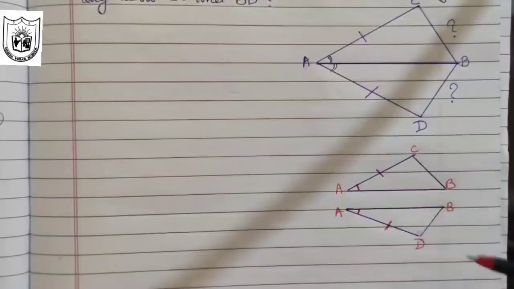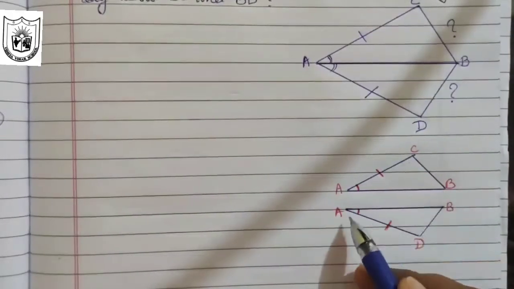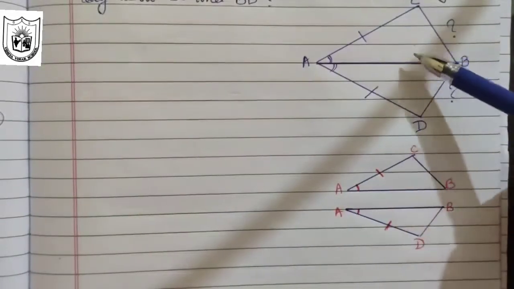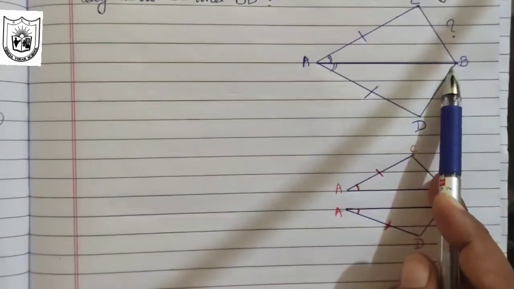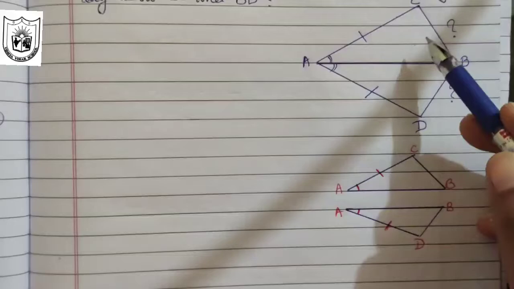Observe both the triangles carefully. Do you see any side equal here or any side that is common? Yes, I am sure most of you must have got it. We have line segment AB in the top triangle as well as in the down triangle. Both the triangles are joined and they have a common base. So this line segment is common for both the triangles.